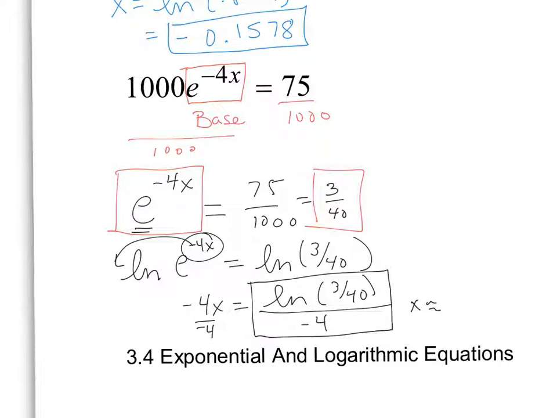And then I'm just going to divide that through by a negative 4 for my answer, and that will give me a positive 0.6475. Now, because this next piece here is a 6, I'm going to round this up and make that a 6 for my final answer rounded to 4 decimal places.